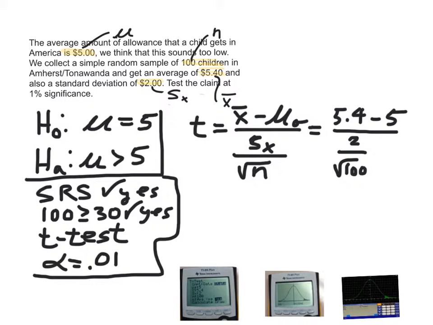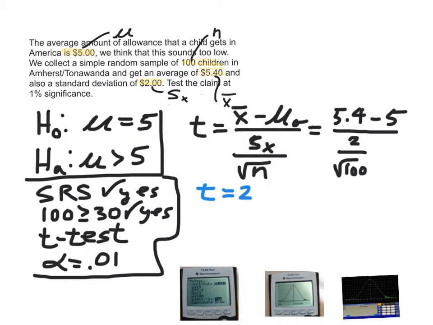You're doing all this work here to actually dig up your t-score, which ends up being perfectly 2. Well, that was just a wild coincidence. All right, so the t-score is 2.